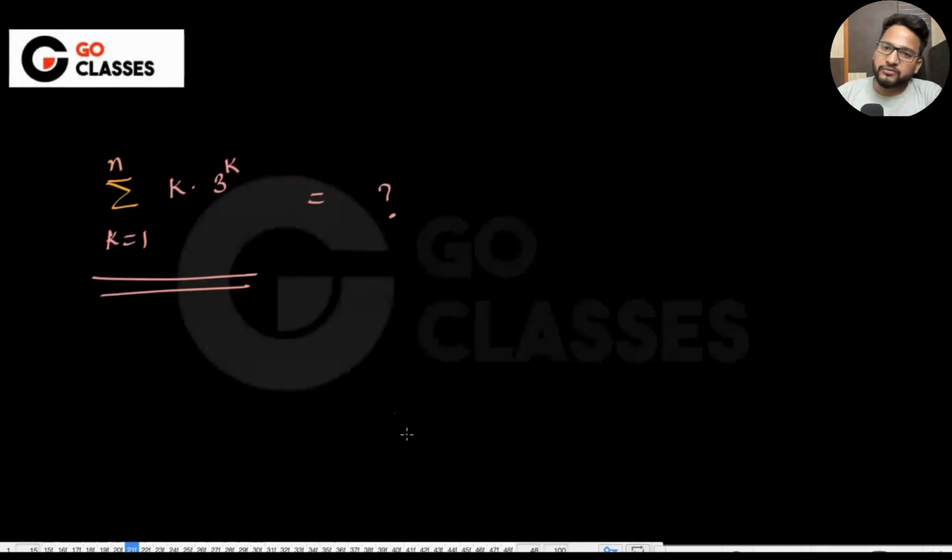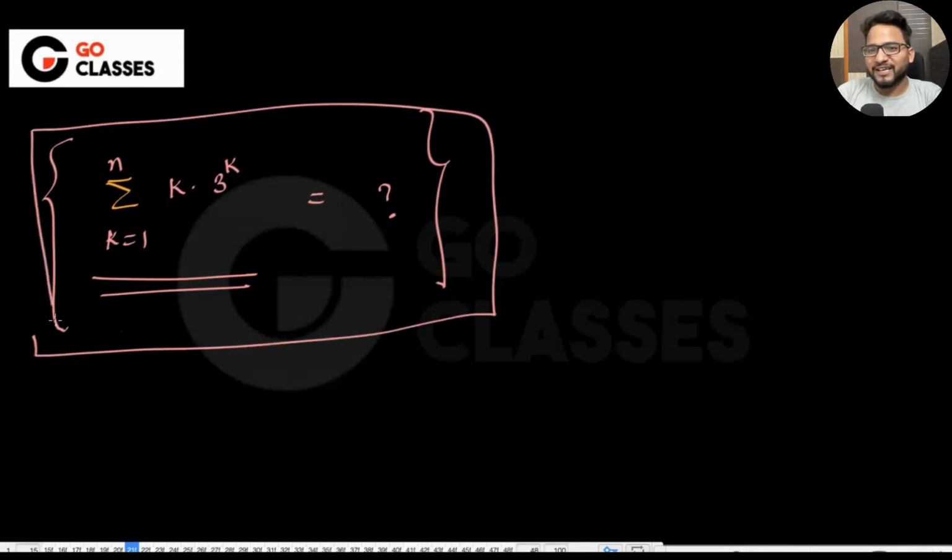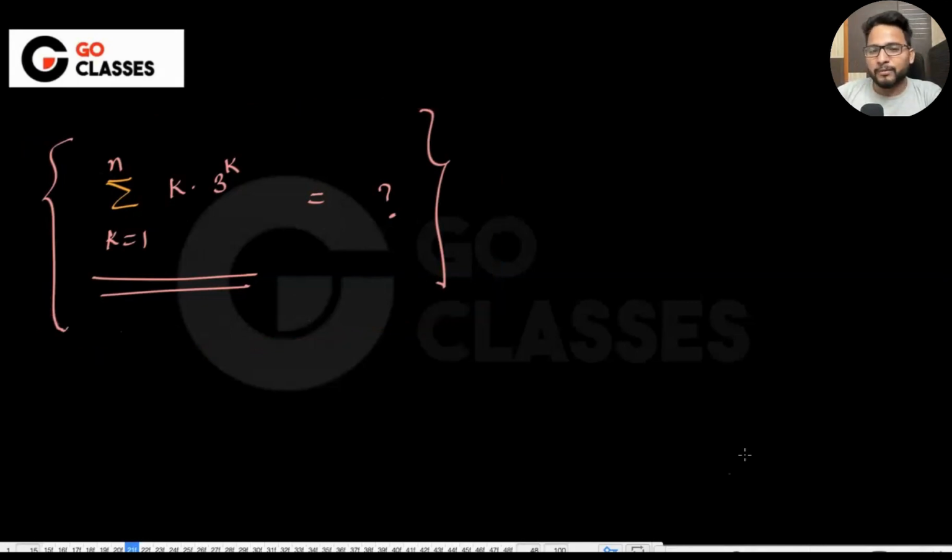Have you seen these kinds of things before? Yes, this is an AGP. You can try this as homework. Actually, there is a question in the next practice set, the stack and queue practice set, where you have to do the question using this summation. So you will be encountering this kind of summation in the stack and queue practice set.